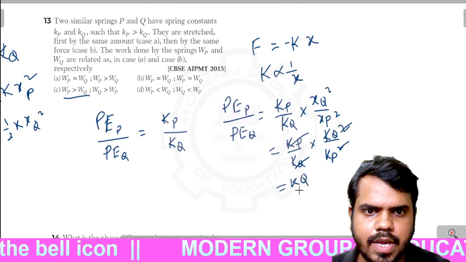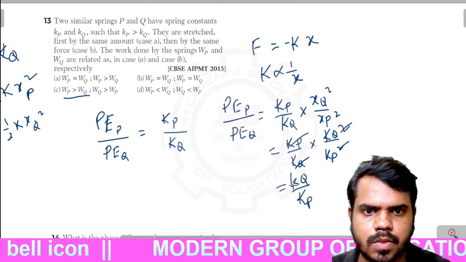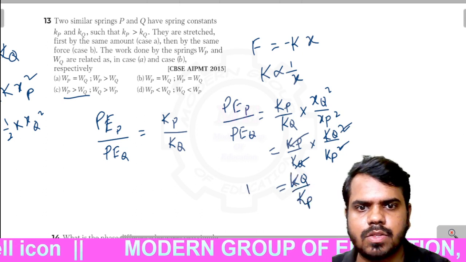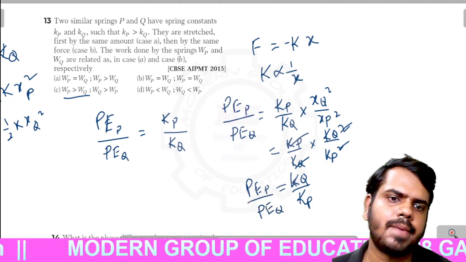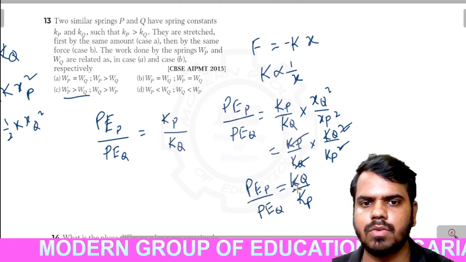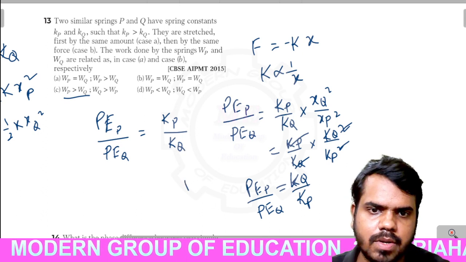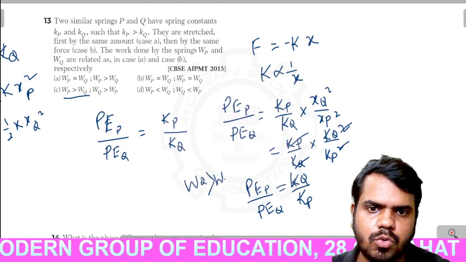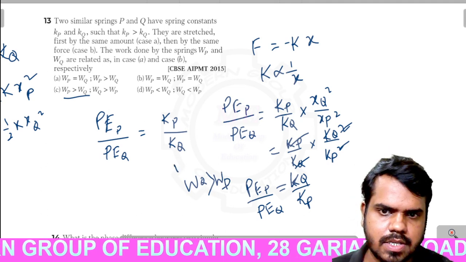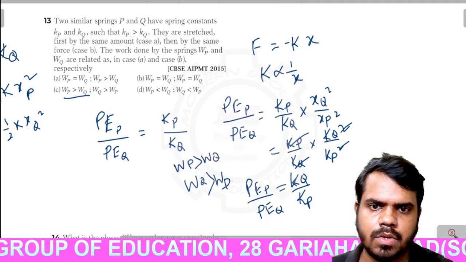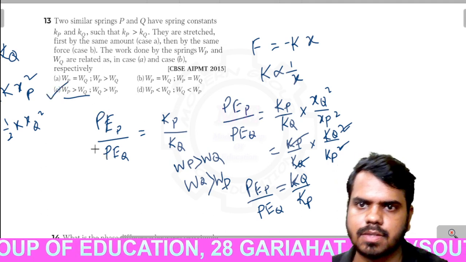You will have the value kq by kp. So PEp by PEq is kq by kp. Kp is greater than kq, that means Wq is greater than Wp. In the second case, Wq is greater than Wp. In the first case, Wp is greater than Wq. So option C is the correct answer.